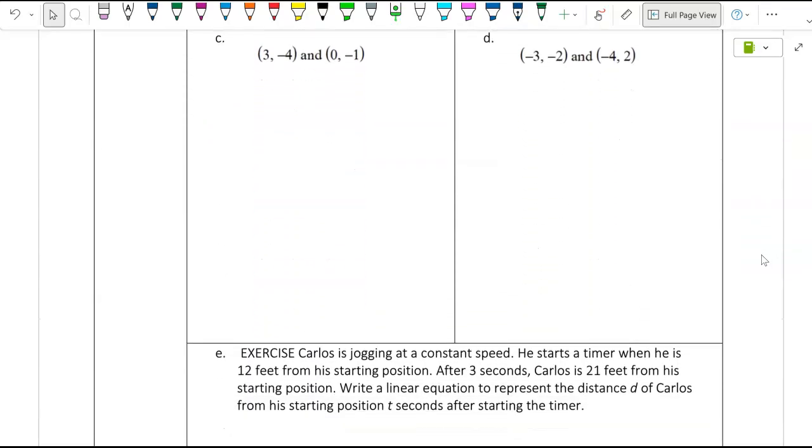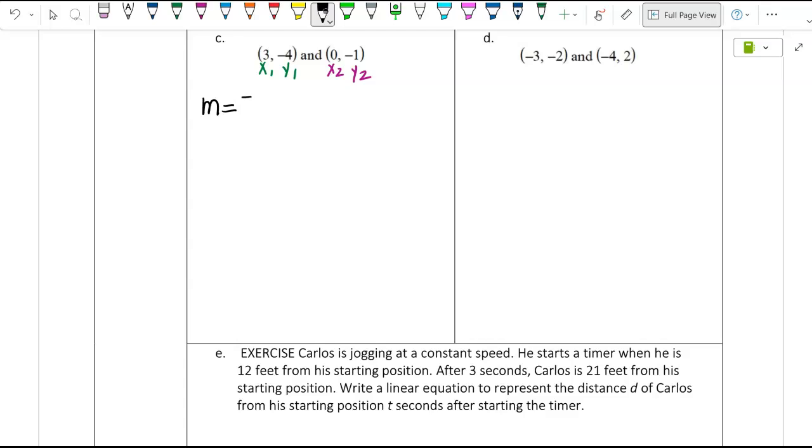All right, problem C, (3, -4) is our x1, y1. (0, -1) is our x2, y2. Again, I'm going to pause while you figure out the slope of that line. And then I will call on someone to share their response. All right, so Ethan, what did we get for our slope here on problem C? -1.